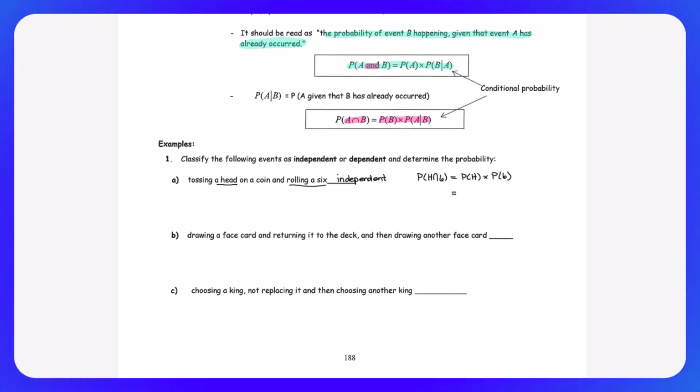Well, if we wrote this out, how many heads are on a coin divided by the total number of outcomes, so in other words, the universal set for that coin, and then with the die, how many 6s are on a die divided by the total number in that universal set. I know that's the hard way of writing it out, but I just want you to see it. So we get 1 over 2 times 1 over 6.